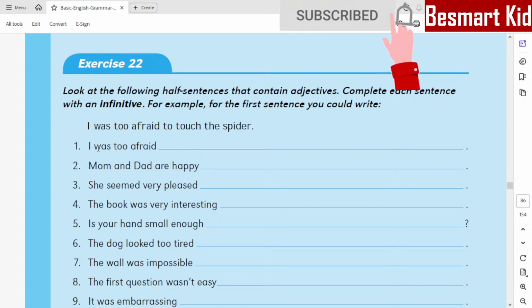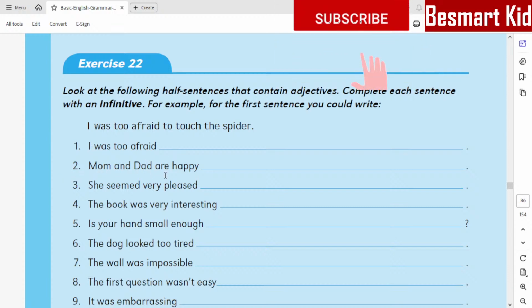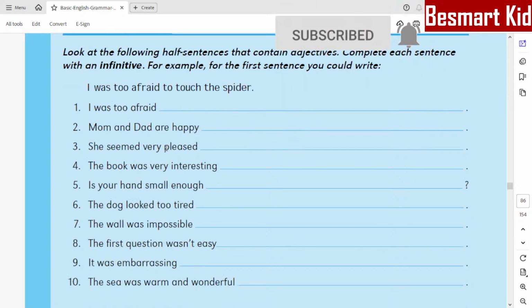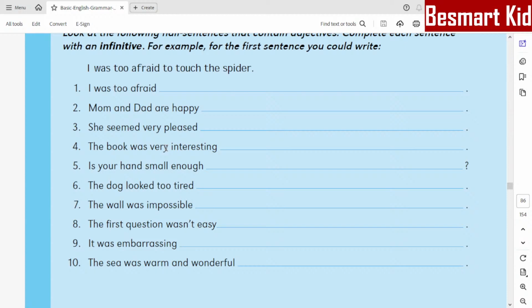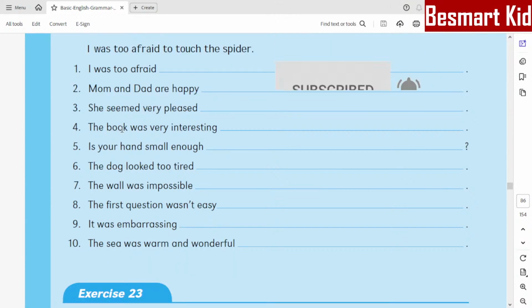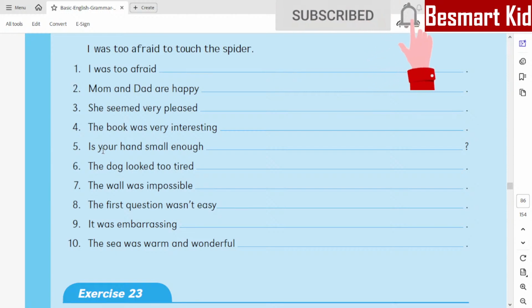So first, I was too afraid. Second, Mom and Dad are happy. Third, she seemed very pleased. Fourth, the book was very interesting. Fifth, is your hand small enough?